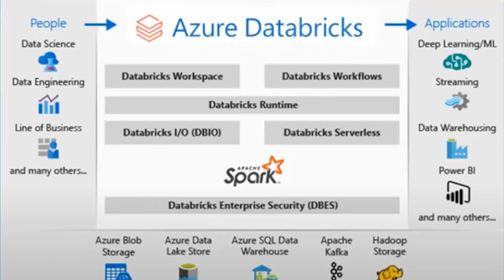Then you have Databricks IO, which stands for input output. The IO module leverages what you call vertically integrated stacks to improve your performance. It has a cache, like short-term memory, which is good for your input output process.